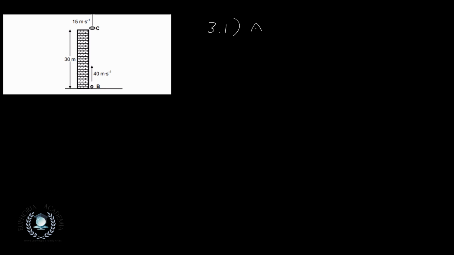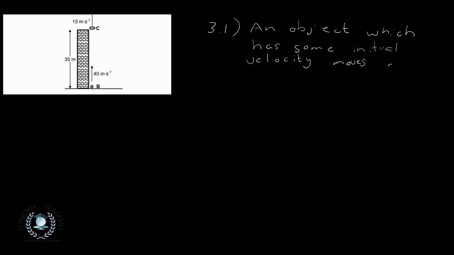But a projectile is an object which has some initial velocity and moves only due to the force of gravity. So that's the only force that acts on it. And that's your answer.